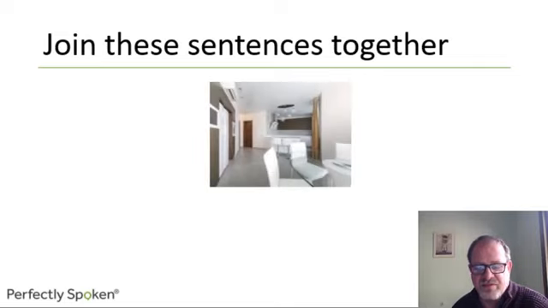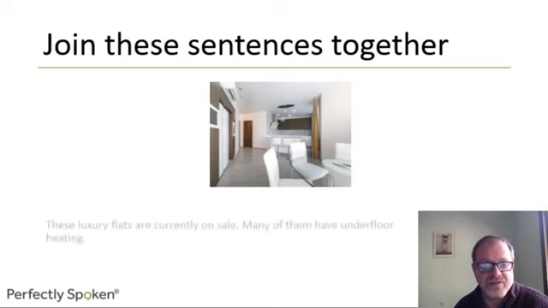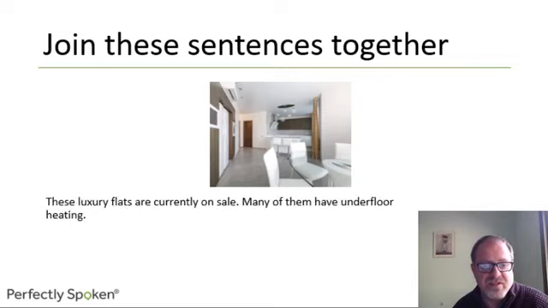Okay, we have a picture of a very high-spec flat or apartment if you're an American. The difference between British and American English, flat in British English, apartment in American English, and the two sentences are, these luxury flats or apartments are currently on sale. Many of them have underfloor heating. So how can we combine these two sentences together?